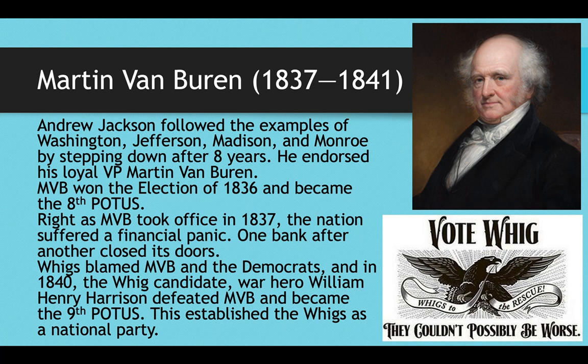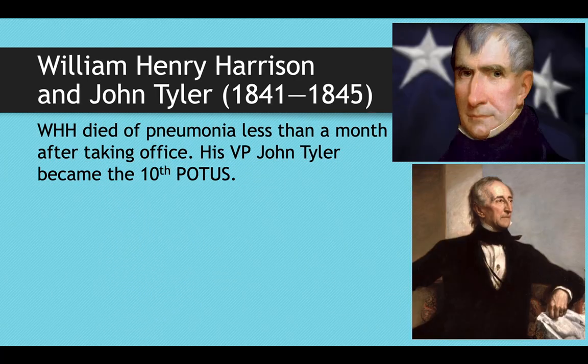So when William Henry Harrison won that election, this established the Whigs as a strong national party. And from this point until for the next 15 or 20 years, really, the two major parties were the Democrats and the Whigs.